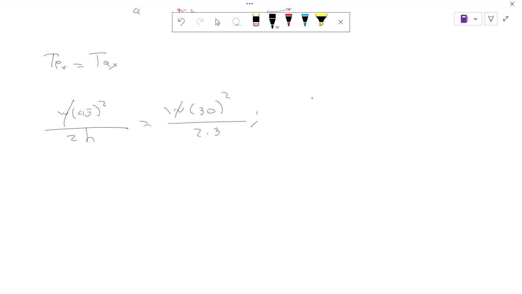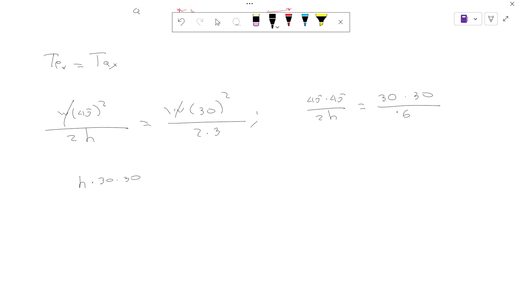This is going to be 45 times 45 divided by 2H equals 30 times 30 divided by 6. H times 30 times 30, you can use a calculator if you want, it will be way easier.